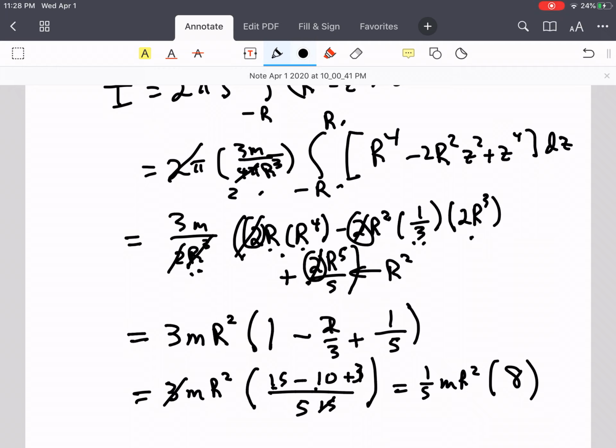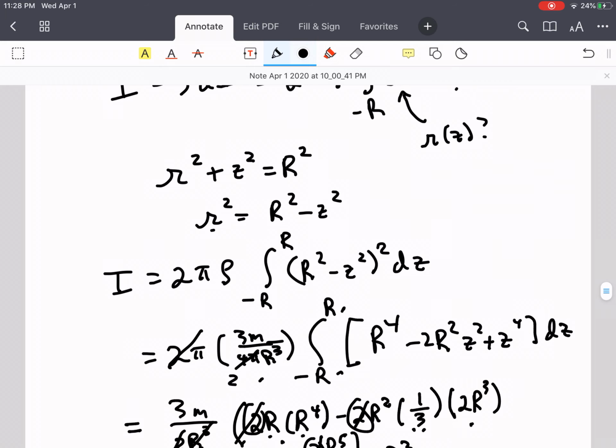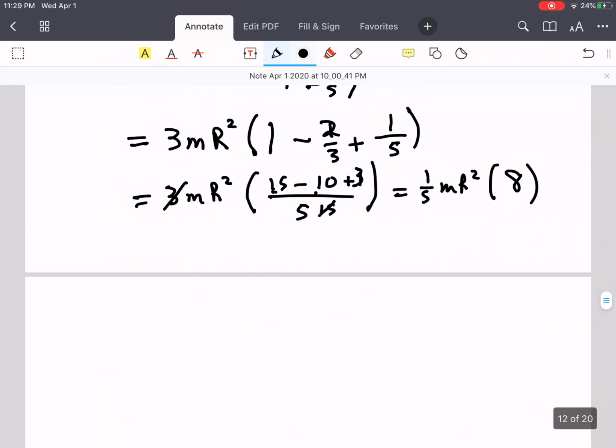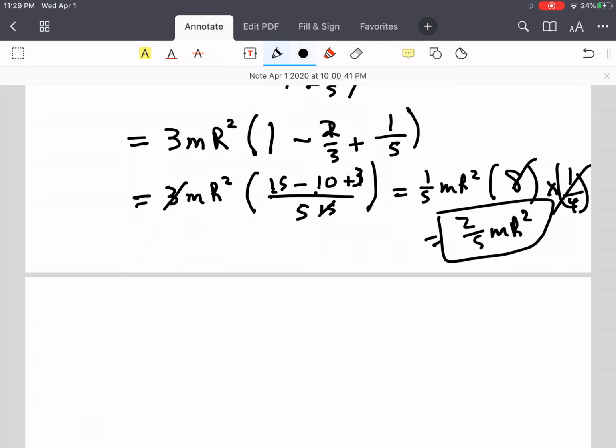Cancel the 2. And then there's a mysterious floating factor of 1/4 that magically floats in, cancels this out, and gets 2/5 mR squared. If you want to see it done correctly, you can take a look in the notes. I did, in fact, do it correctly there. It's the same piece of physics, but I'm probably missing a sign somewhere, and I am too tired to go back and do it right now.